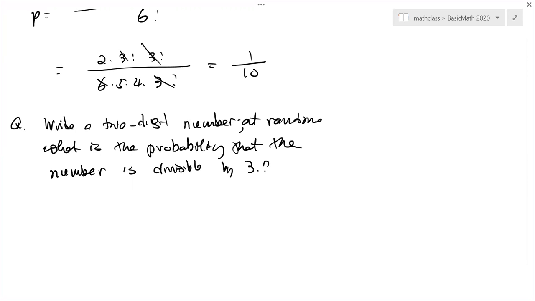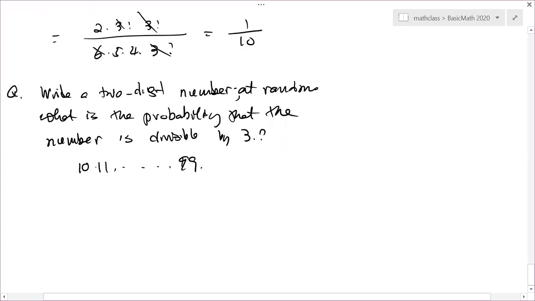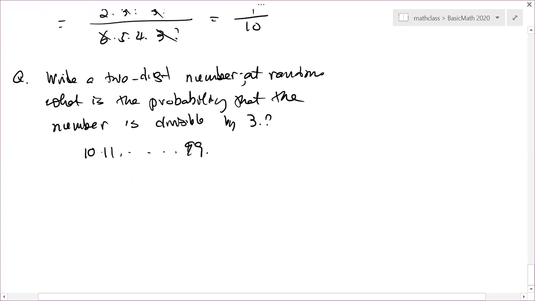This is a problem quite different from the previous one. We have to do the calculation. First of all, look at those numbers. It's going to be a 2-digit number: 10, 11, and so on, up to 99. So a number is divisible by 3. Let's look at how many numbers are divisible by 3. So 3 times p should be less than or equal to 99, greater than or equal to 10.